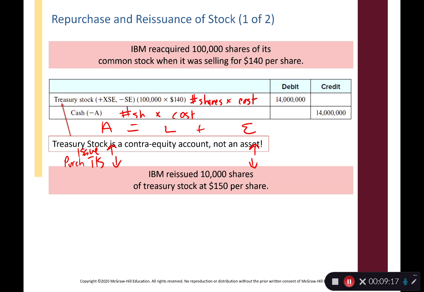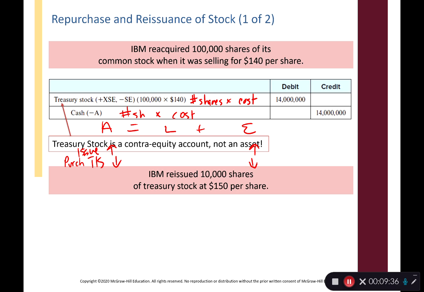So that should make sense that the transaction has an opposite effect. When I issue stock, my assets and equity go up. When I buy it back, my assets and equity go down. Treasury stock, the account we use to track the purchase or repurchase of our shares, is a contra equity account.